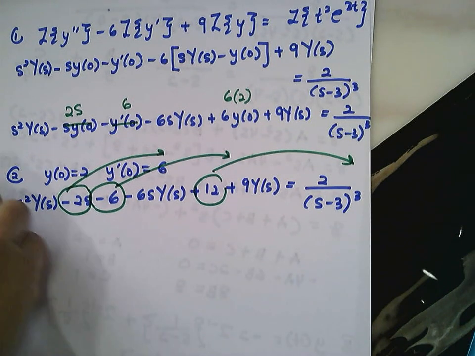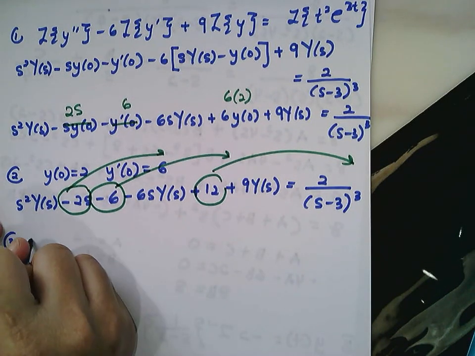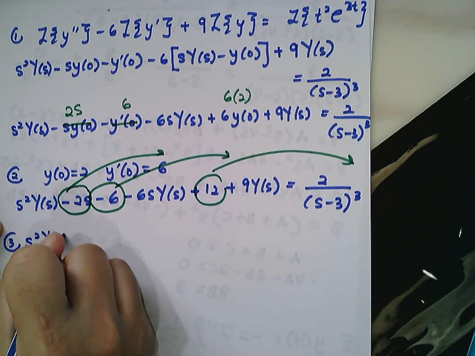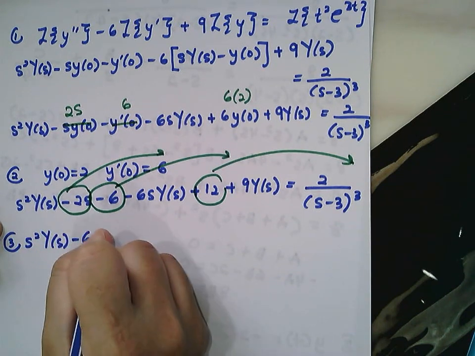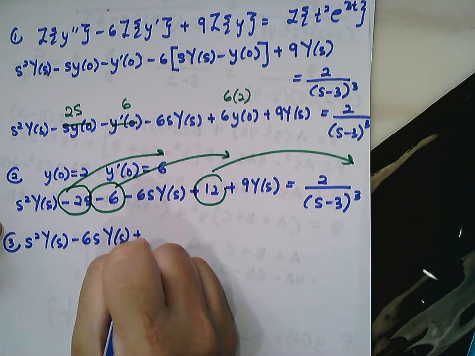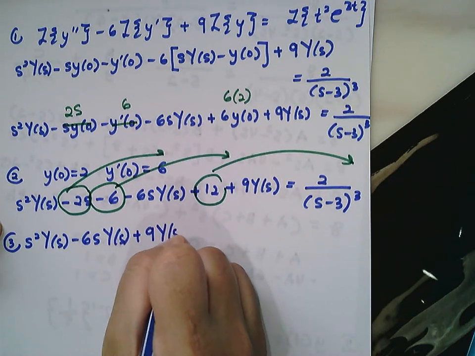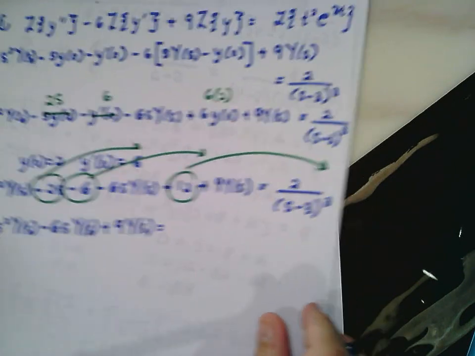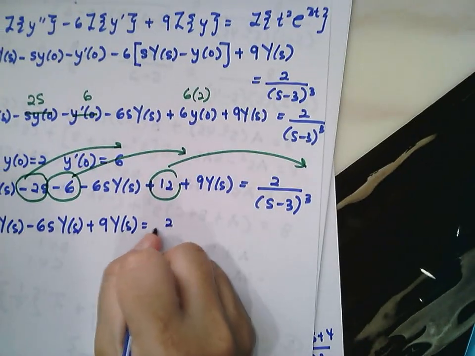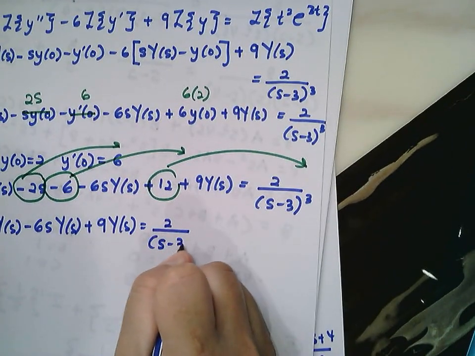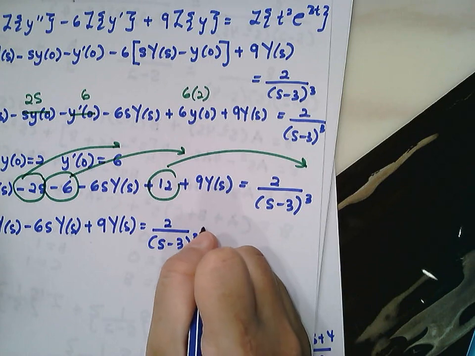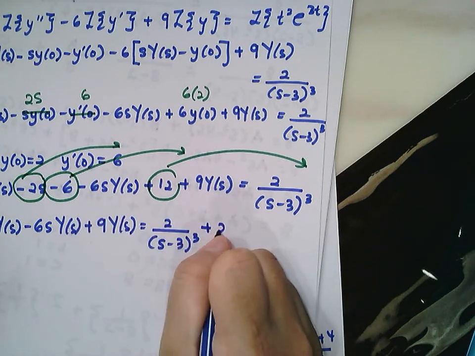Therefore you will have s squared Y(s) minus 6s Y(s) plus 9Y(s) is equal to 2 over (s minus 3) cubed plus 2s.